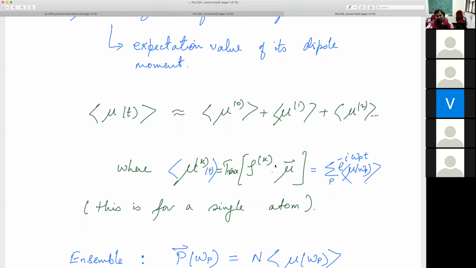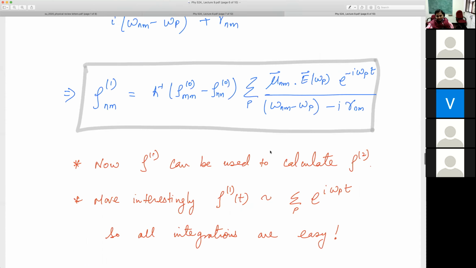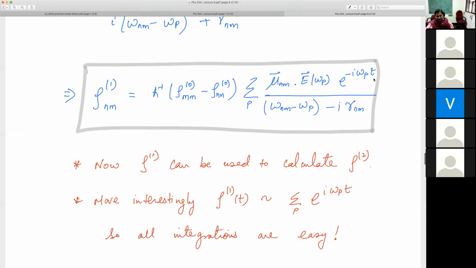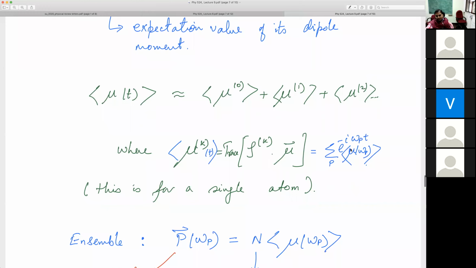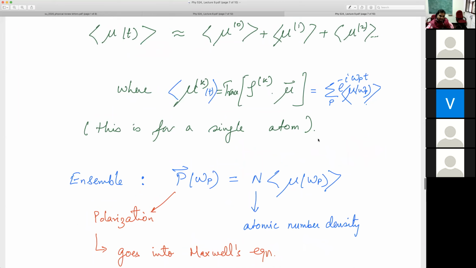And we already showed that the density matrix for our problem will be a sum over p of e to the power i omega_p t. So I can write this whole thing as a sum over p of e to the power i omega_p t times mu_k(omega_p). So mu(t) I can expand in terms of its Fourier coefficients using this relation, where mu_k(omega_p) gives me the kth Fourier component, which is just given by rho_k times mu without the time dependence. Now this was for a single atom.